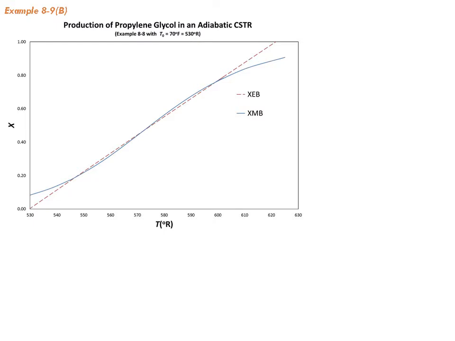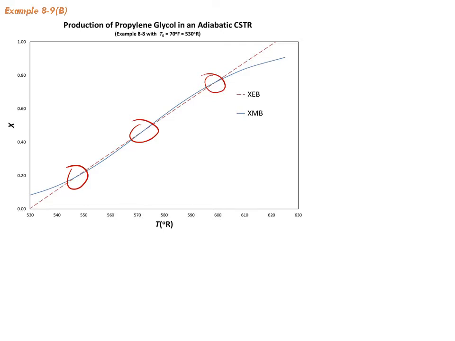Then we went to example 8.9b, where again we were looking into the adiabatic CSTR. However, the feed in this reactor now was at a temperature of 70 degrees Fahrenheit, and here we found that we had three steady states, right? Three steady states.